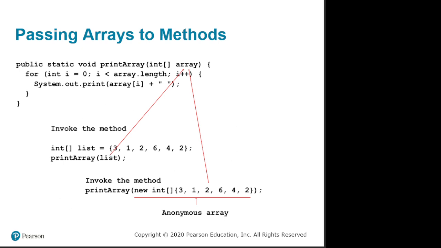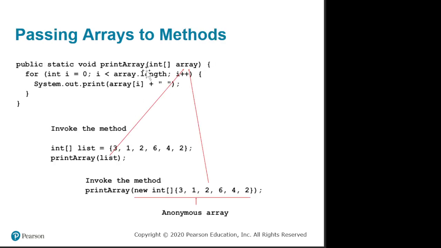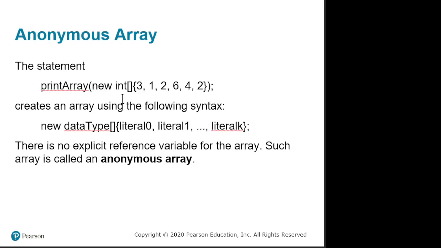The book also has a thing called anonymous arrays, where in the print array statement here, this new integer array, because it has no name, can be passed as an anonymous array. So in this example, when we create this list here and print the list, the method itself gets a pass to this array. You could also call print array here, which they do in the second one, and give it an anonymous array.